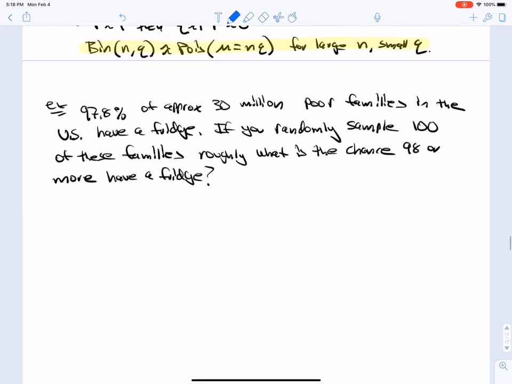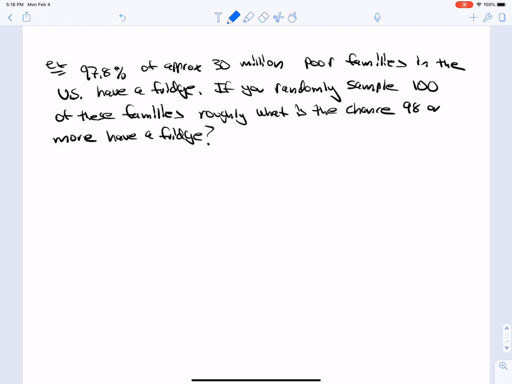So for example, in this problem, where 97.8% of approximately 30 million families have a fridge, think of that 97.8% as our p, which is close to 1. We want then to say that 2.2% of families don't have a fridge.